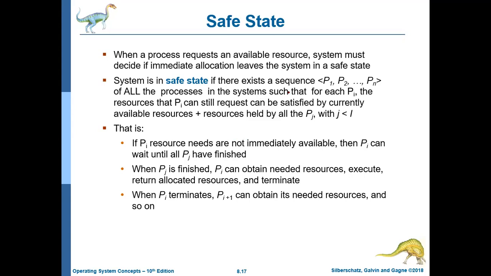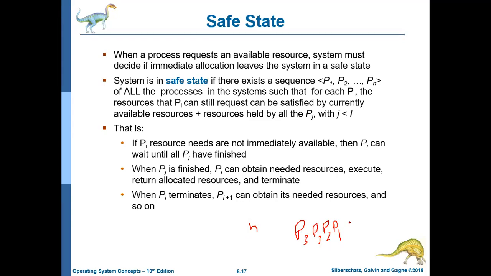Suppose you are having n different processes P1 to Pn. So there should be a safe sequence. Safe sequence means there should be a sequence of these processes like P3, P7, P2, P1 in any order. You can run all the processes.